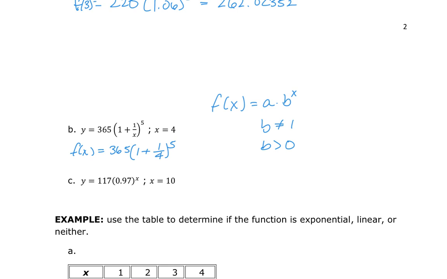So put 365 in, 1 plus 1/4. I'm going to raise that to the 5th power. And I end up with 1,113.89.16, and I'll stop there.